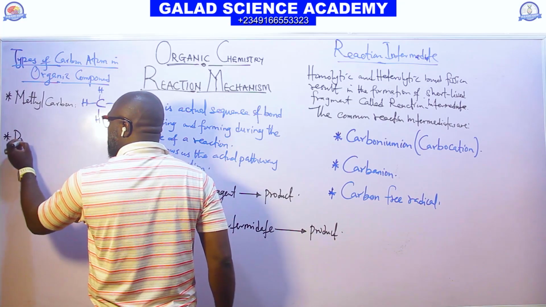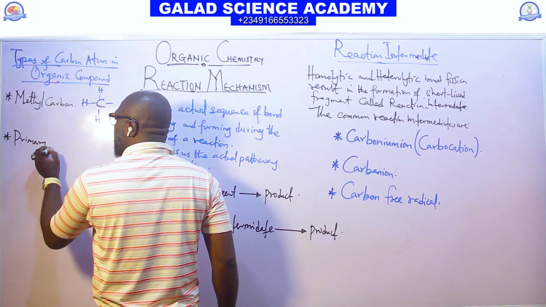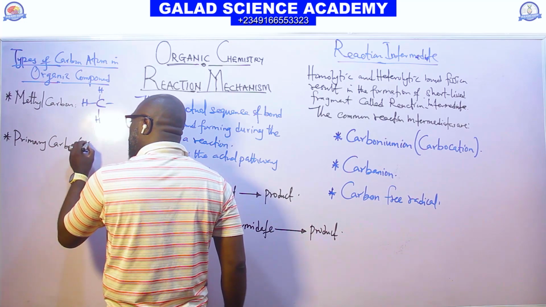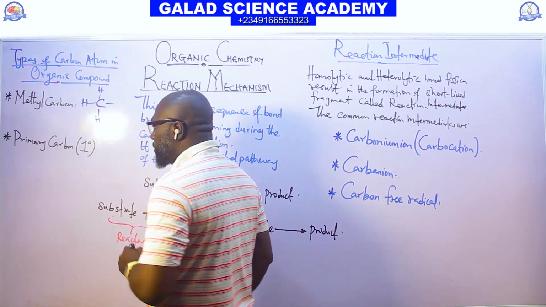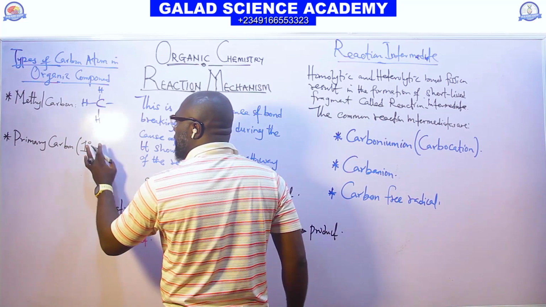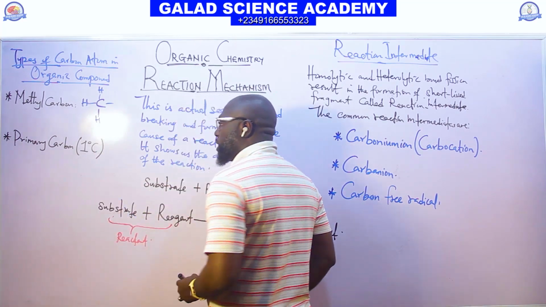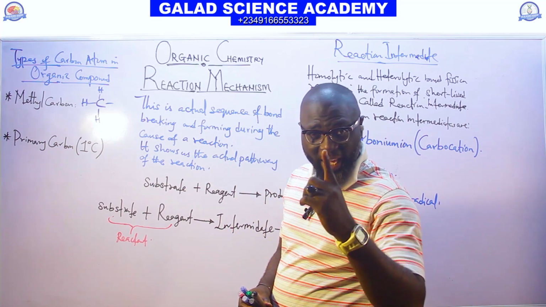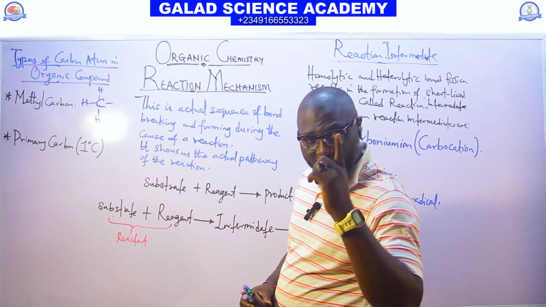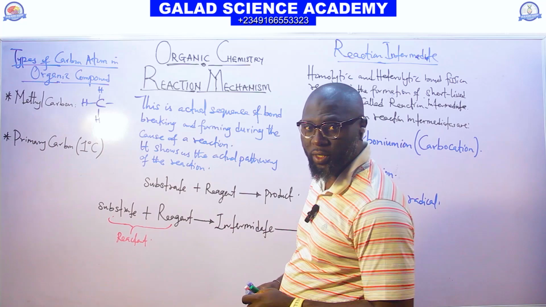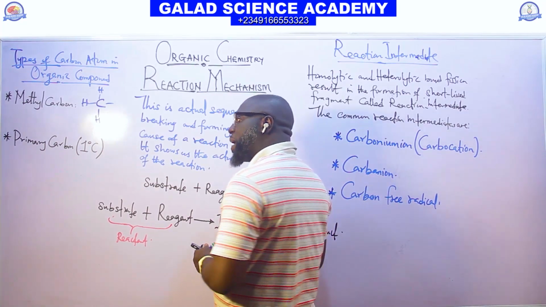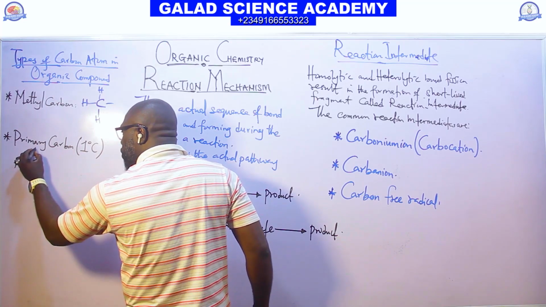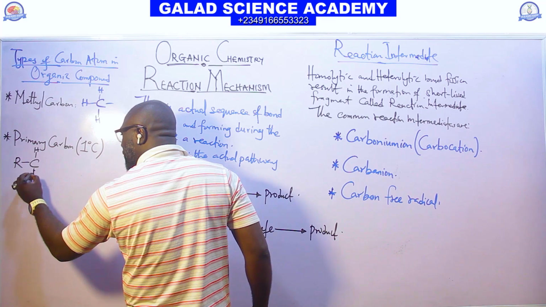The second carbon we have, we call it the primary carbon. This primary carbon, we always use 1 degree C to denote it. The primary carbon is a carbon that has one alkyl group and two replaceable hydrogen atoms.